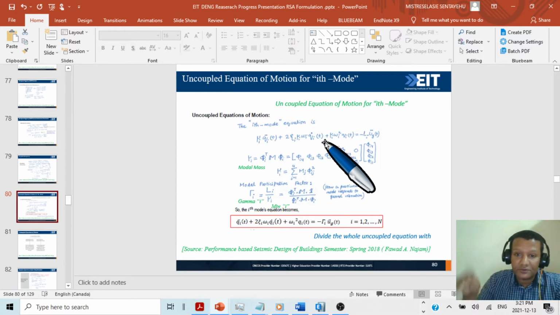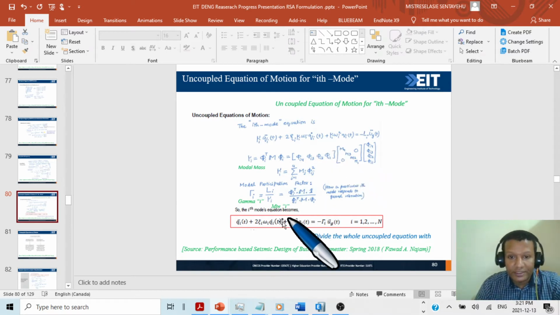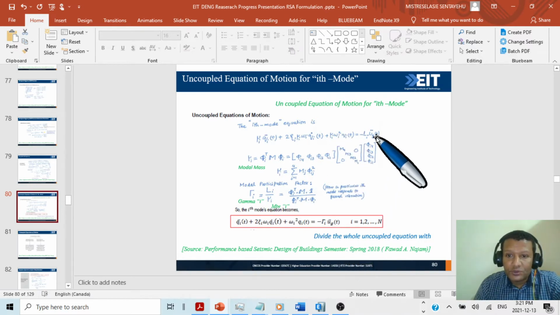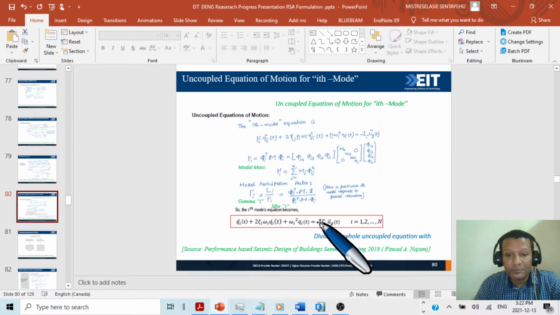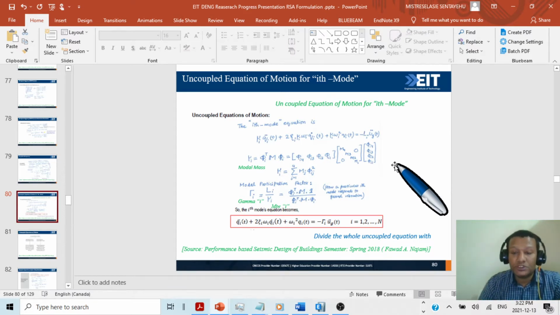We have to multiply it with phi to change it into u coordinates. Plus omega i squared times q of t. Then as you can see here, Li over mu i, let's call it gamma i. This gamma i is the modal participation factor, times ug double dot. This is the uncoupled equation of motion.